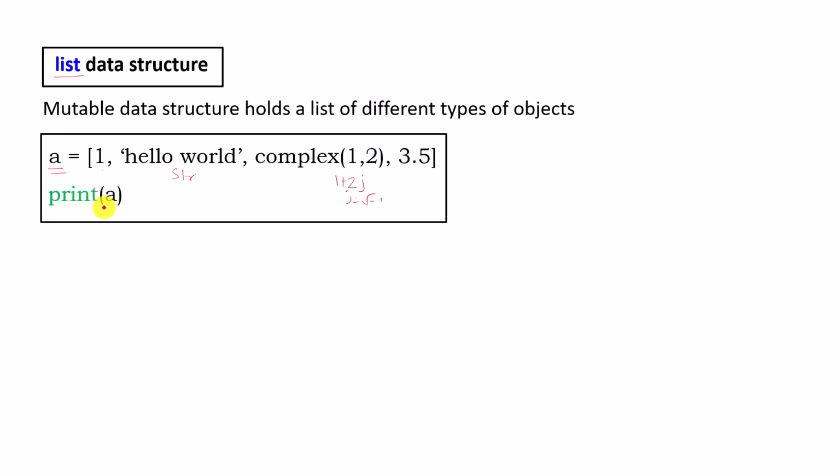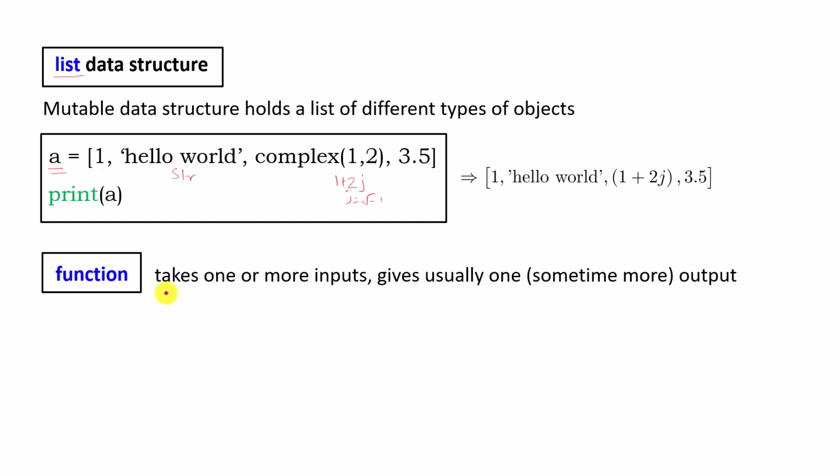If I now try to print A, this will give me, within square brackets, 1, hello world, 1 plus 2j, 3.5, and the type of A is a list. So in this list I have integer, real, complex, and string together as a block. I can take one of these items and change it if I wish.